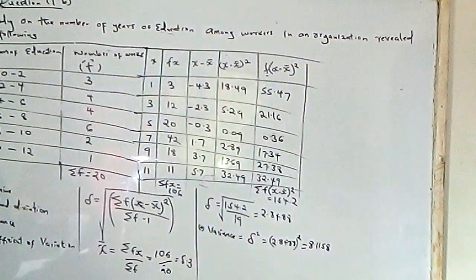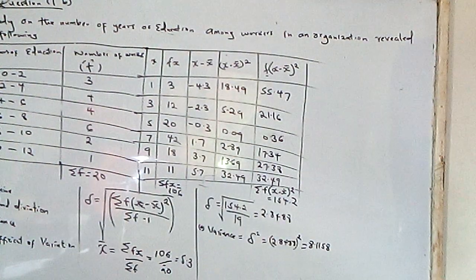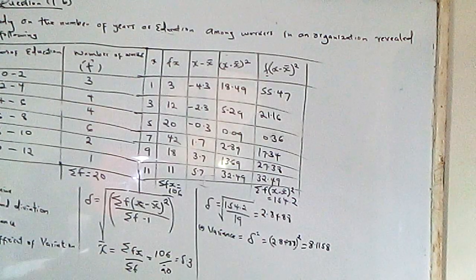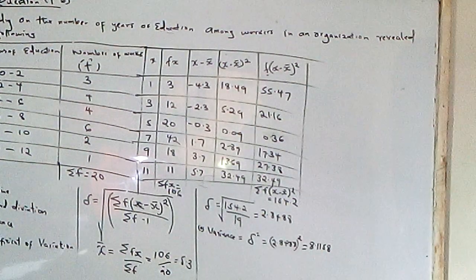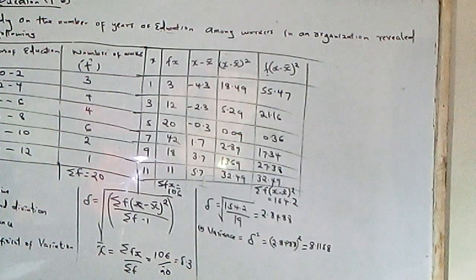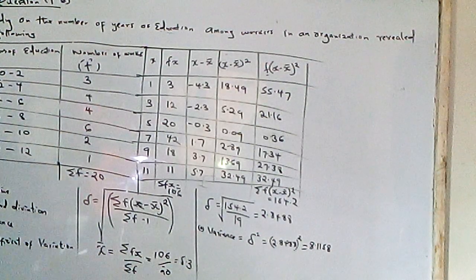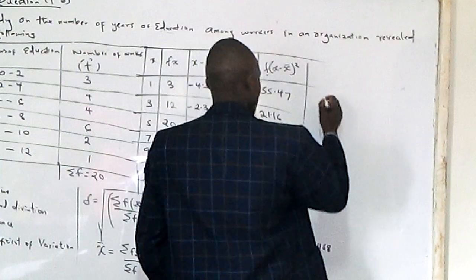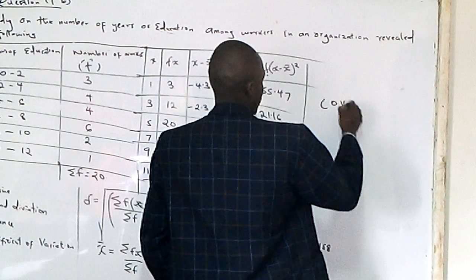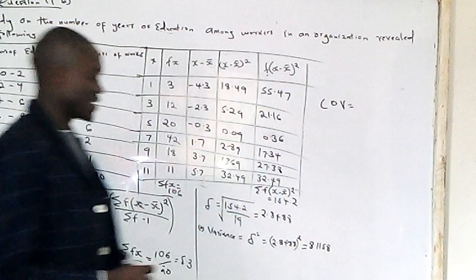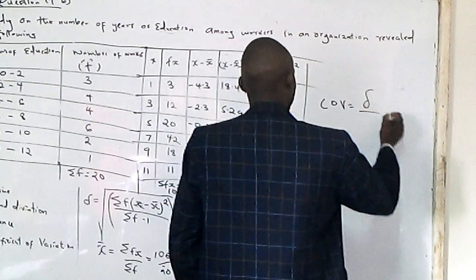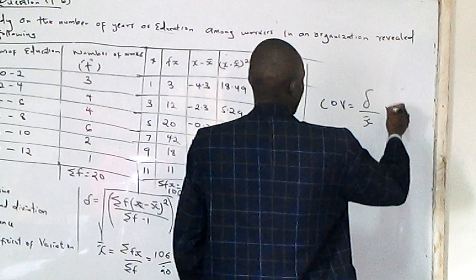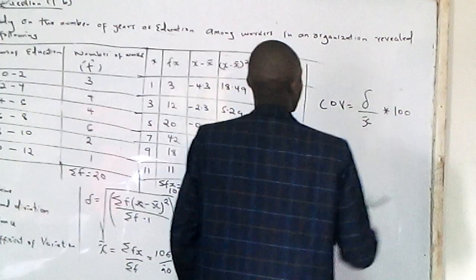And then number 3, we need to find the coefficient of variation. You say coefficient of variation is equal to standard deviation over mean times 100.